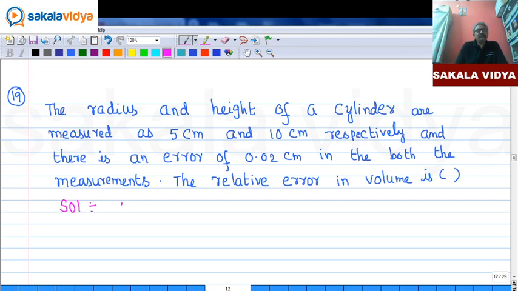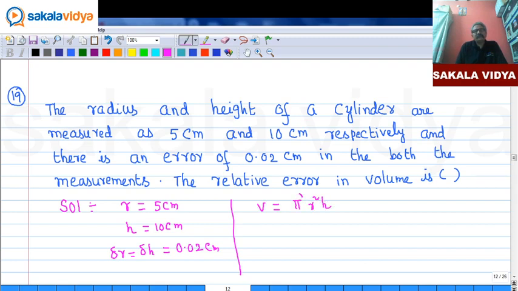Radius given r is equal to 5 centimeters and height is equal to 10 centimeters. Delta r is equal to delta h is equal to how much given? 0.02 centimeters. Then volume of the cylinder, V is equal to pi r square h. This is constant. Now see, delta V by V, this is relative error.